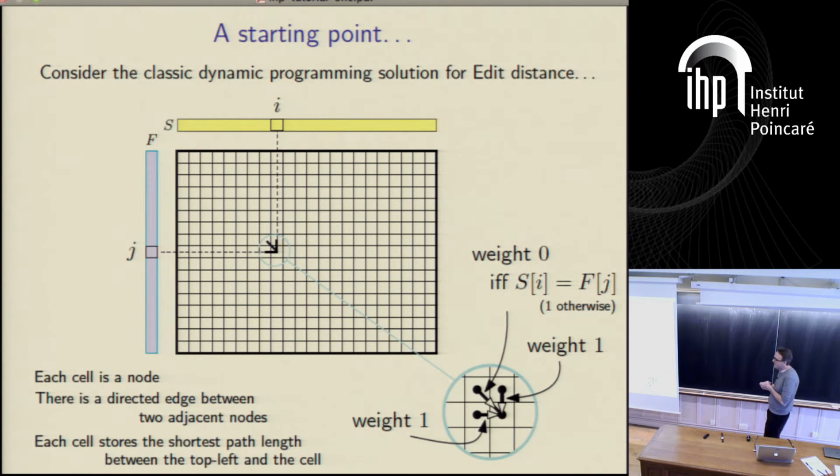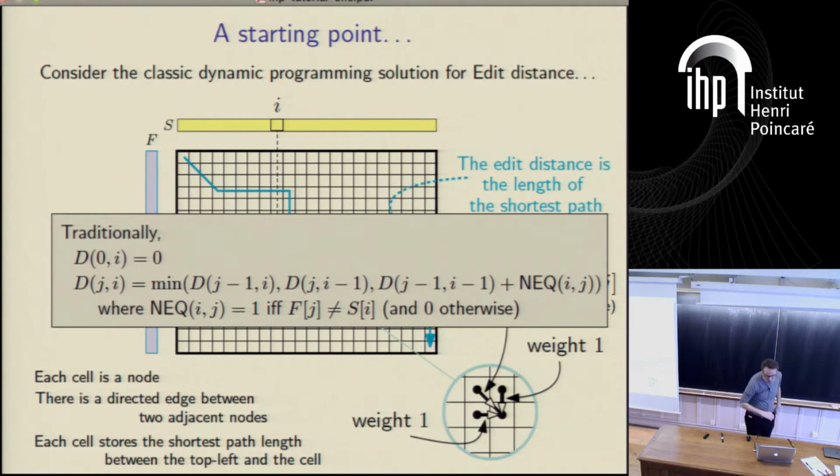Let's remind ourselves about edit distance. So for edit distance, we have this dynamic programming table. Our pattern goes down here, and our stream goes along here. Each cell is going to be some node. We're going to look at it in a graph sense, but anyway, it might be easier if I just give you very quickly the classical recurrence.